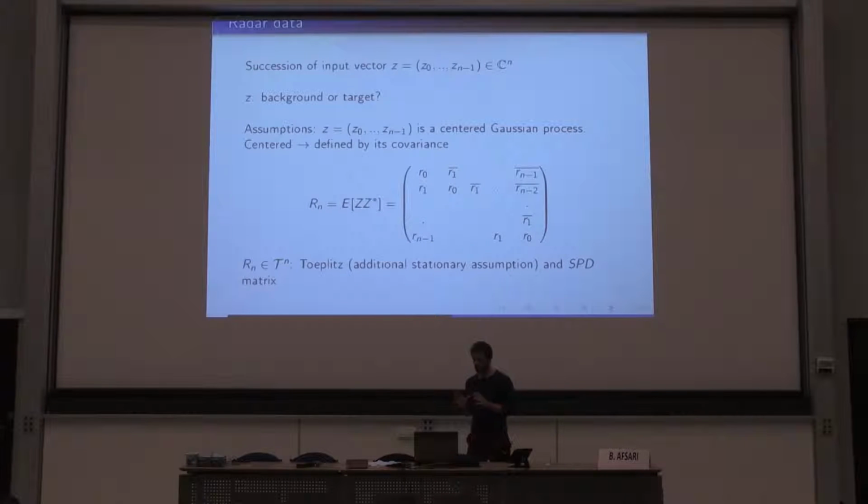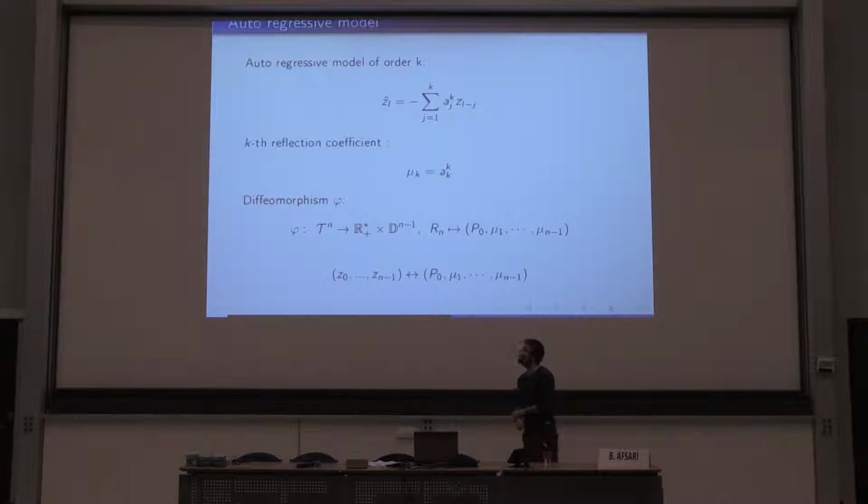So we make several assumptions. First, we assume that Z is a centered Gaussian process, so we can define it by its covariance matrix. Furthermore, we make a stationarity assumption, and then it makes the covariance matrix Toeplitz.